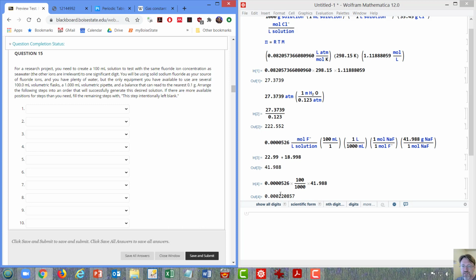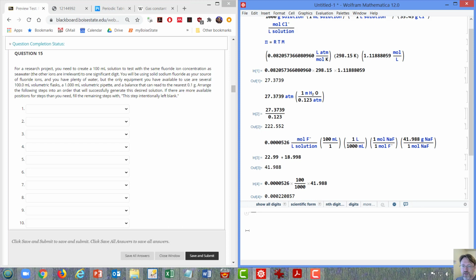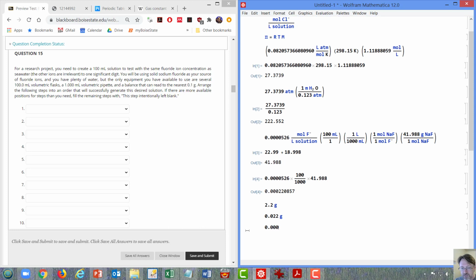So what that means is that if we start with 2.2 grams, then after the first dilution, it'll be down to 0.022 grams. And after the second dilution, it'll be down to 0.00022 grams, which is what we want. So what we need to do is weigh out 2.2 grams and do 2 dilutions by a factor of 100.